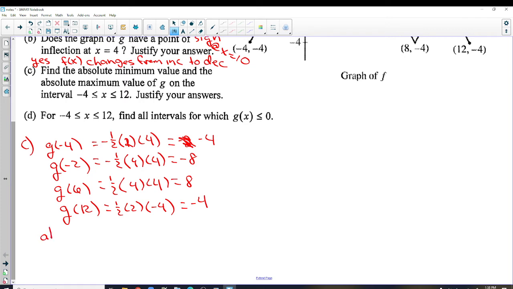So absolute, did they call it absolute? Yeah, they did call it absolute max of 8 at x equals 6, and an absolute minimum of negative 8 at x equals negative 2.